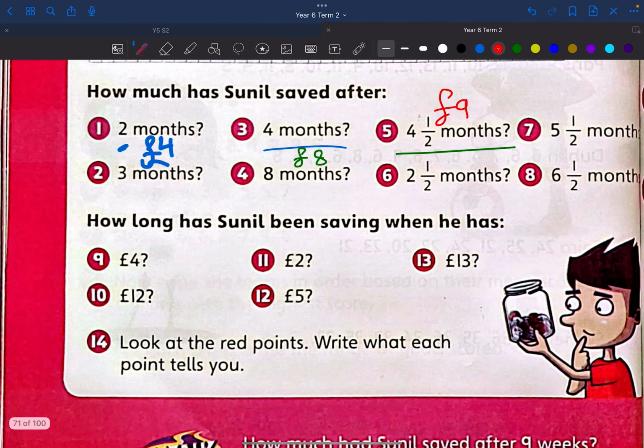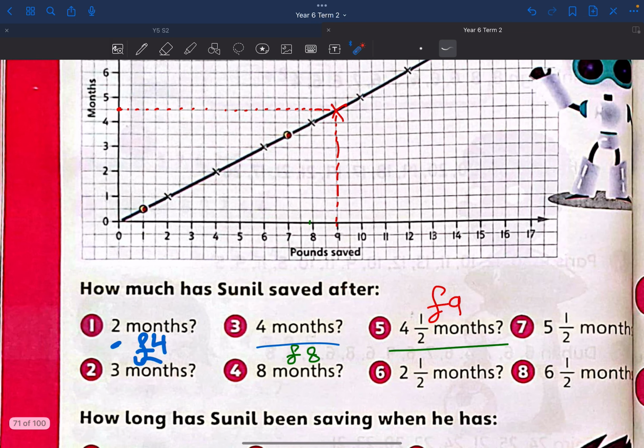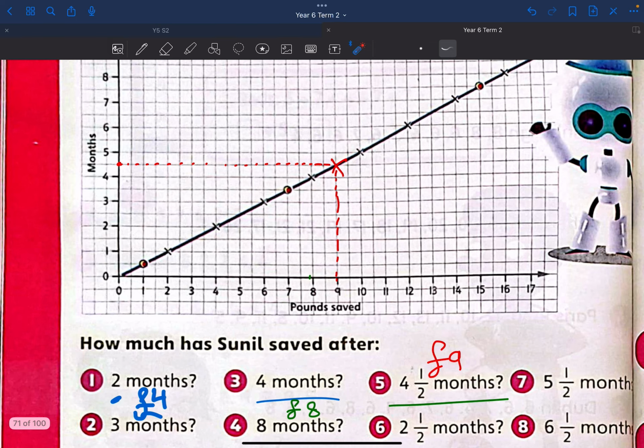This is the same way. Now I'm going to look at it from a different perspective. If you want to know how long he has been saving when he has £5, let's look at £5. For how long? So look here, 5.